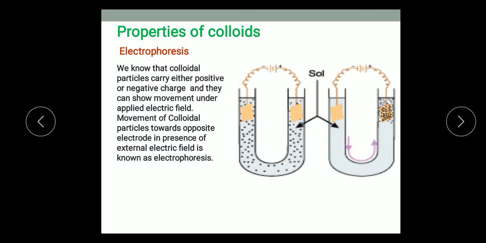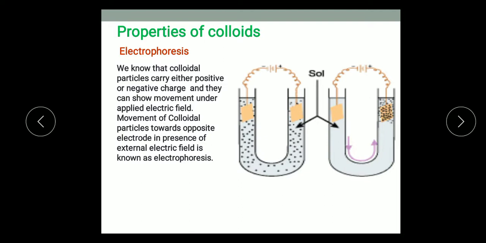And its consequence is that, suppose a sol particle carries a negative charge, then it will move towards the positive electrode, that is anode, and it will get precipitated at the respective electrode.